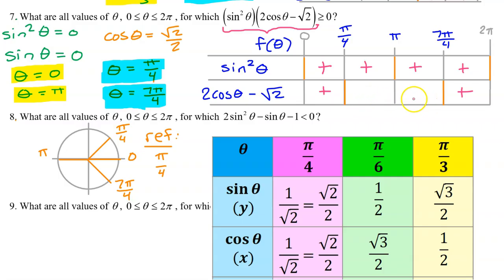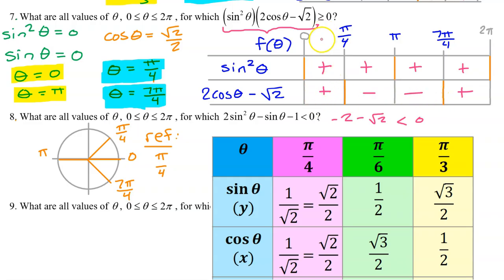On this middle interval, I can use pi. So if I plug in pi for theta, I have the cosine of pi. At pi, the cosine, the x value, is -1. So I have 2 times -1, so this will be -2 minus radical 2. If I take something that's negative and then subtract, I'm definitely going to get a negative number. So this factor will be negative in this interval.